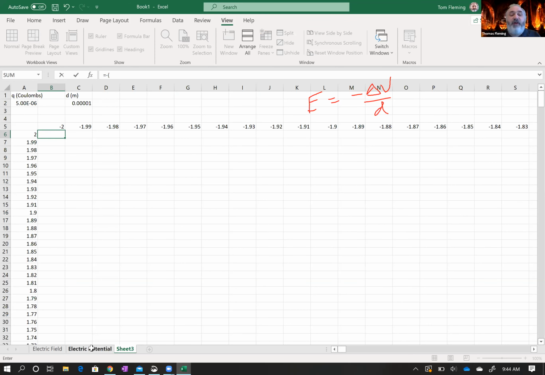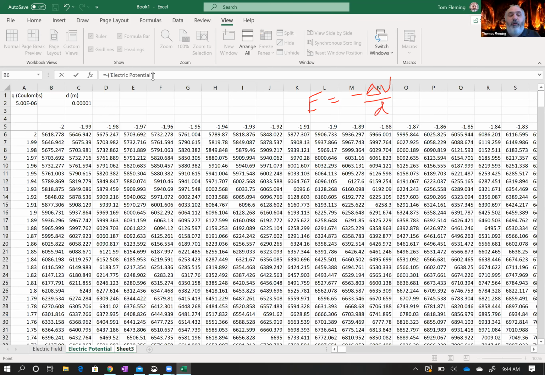And you can see what it has done is up here, in my formula bar, it has the name of the sheet and an exclamation point. And now I'm going to click on my cell. So I'm going to go from B6 to C6. I'm going to do the final, that's the C6, minus the initial. So I'm subtracting these two numbers right here. Then I'm going to divide it by 0.01. Why? Because that's the D, or the distance I'm traveling.